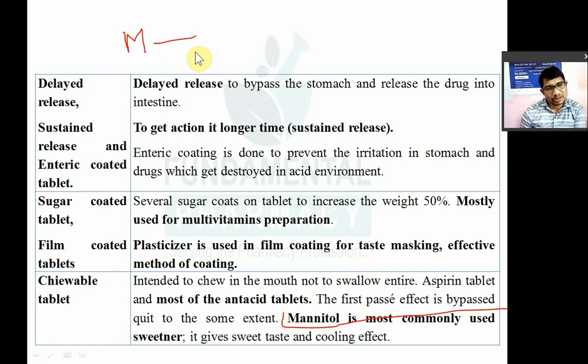Whenever mannitol dissolves in your saliva, as there is a negative heat of solution, it will produce a cooling effect in the mouth. So it gives a sweet taste and a cooling effect. That is the reason why mannitol is most commonly used as a sweetener in the chewable tablet.